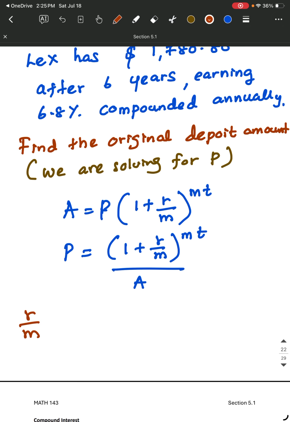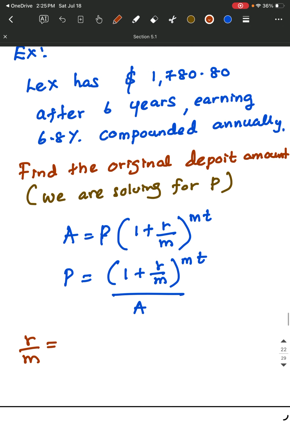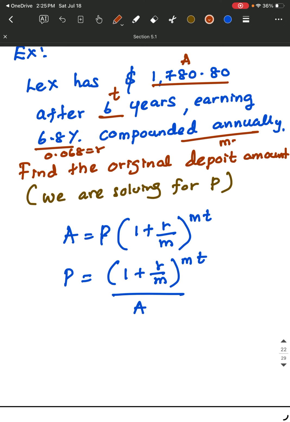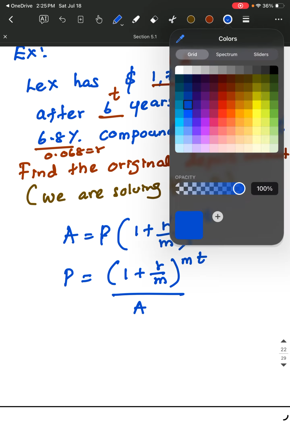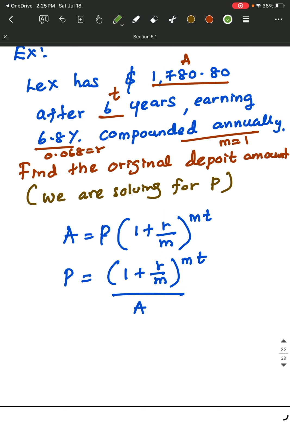Before that, the information given here: A equals 1,780.80, and after 6 years, T equals 6, earning 6.8%, 0.068 is R. Compounded annually, M equals 1. Right, then let's substitute all these values.